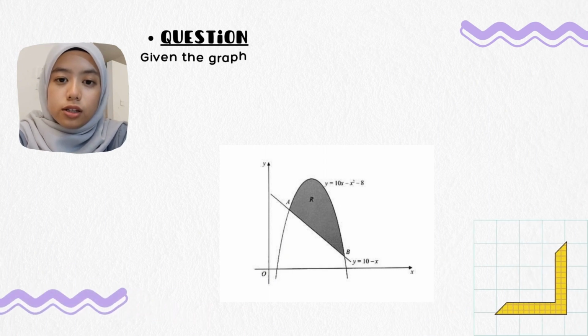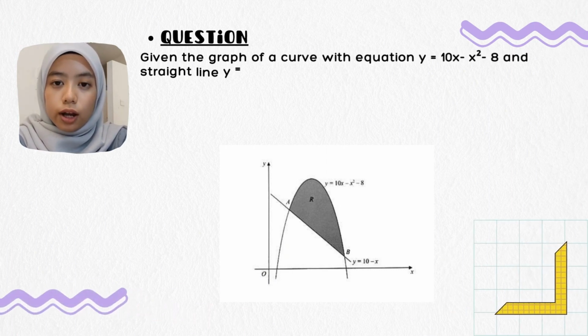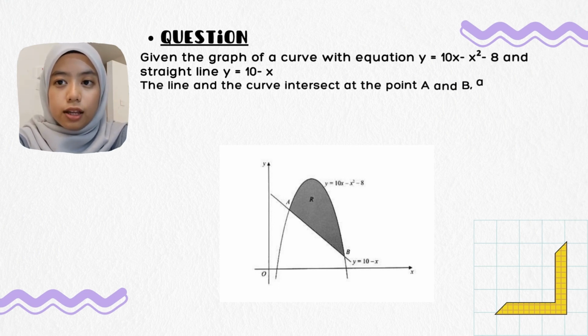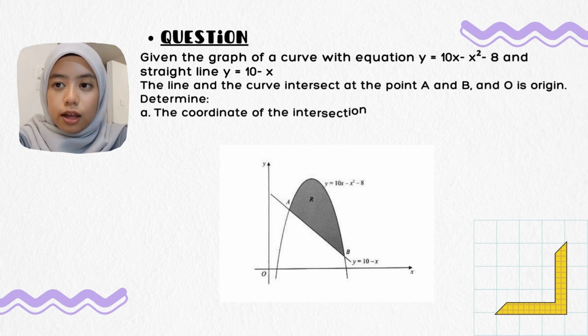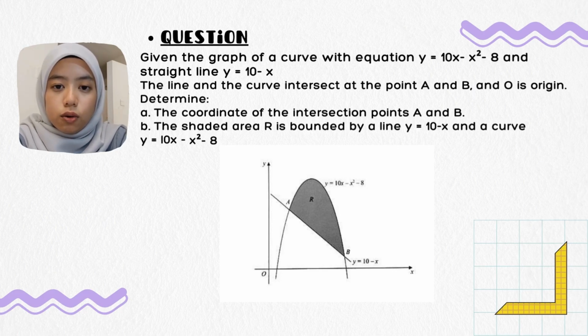So the question is, given the graph of a curve with equation y equals 10x minus x squared minus 8 and a straight line y equals 10 minus x. The line and the curve intersect at the points A and B, and O is the origin.